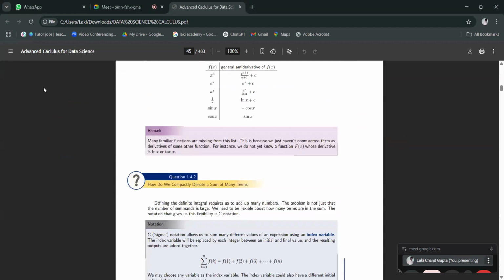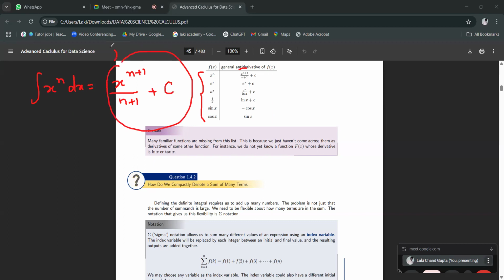Some important integrations are given. Antiderivative means integration. First one is x raised to n, that is x raised to n plus 1 upon n plus 1, plus c. Always add one constant. Why constant? Because when you differentiate this, you will get only x raised to n, and the differentiation of any constant is 0.